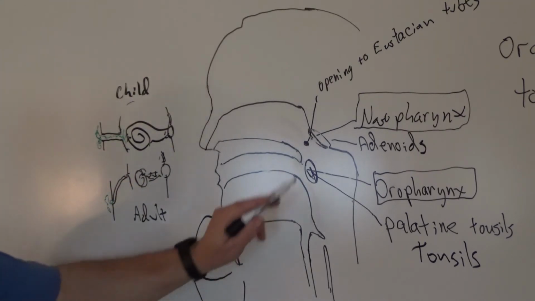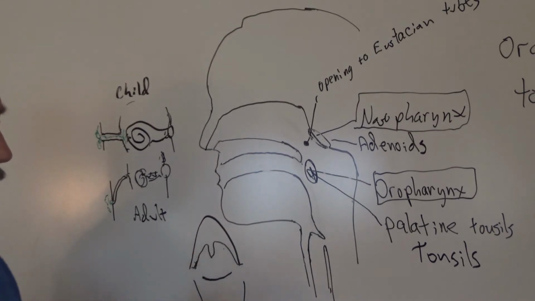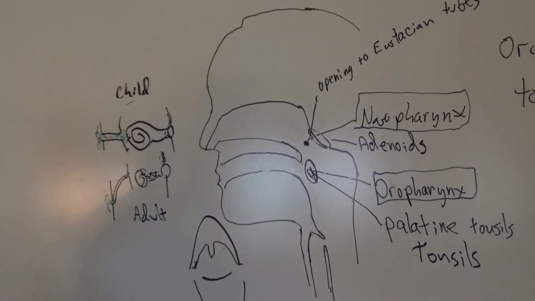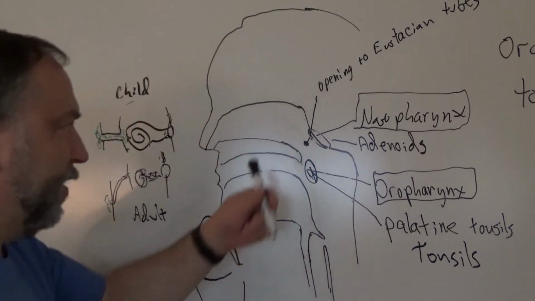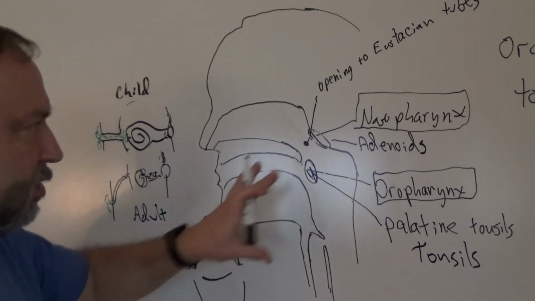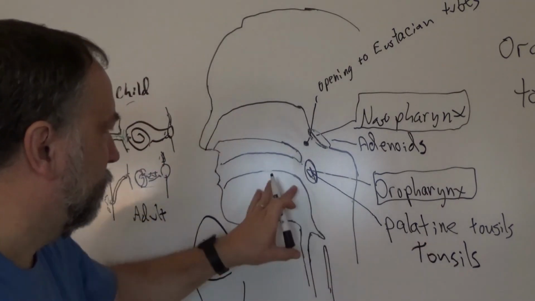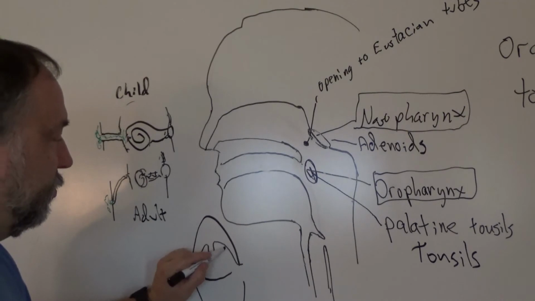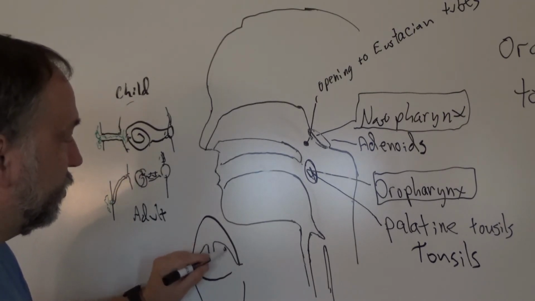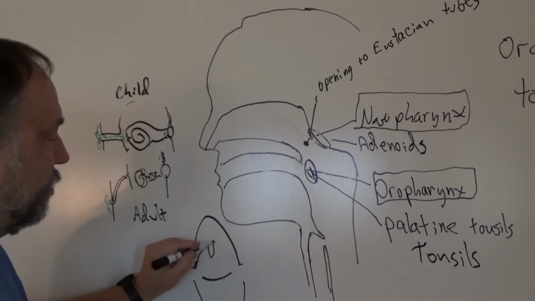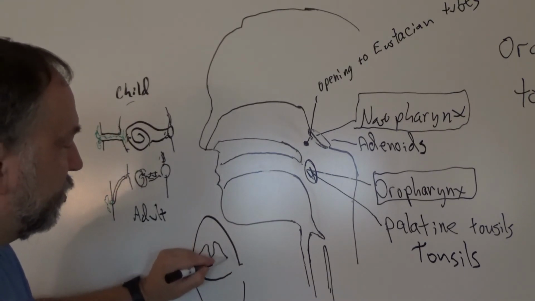Well, now if they have tonsillitis, the tonsils are the palatine tonsils, right? That's what people call the tonsils. You do have the adenoid tonsils too, but we're talking about the palatine tonsils. They're right here. They get swollen. Instead of this coming down nice like that, I'm just going to draw the tonsil on one side, though you don't usually see it on one side.